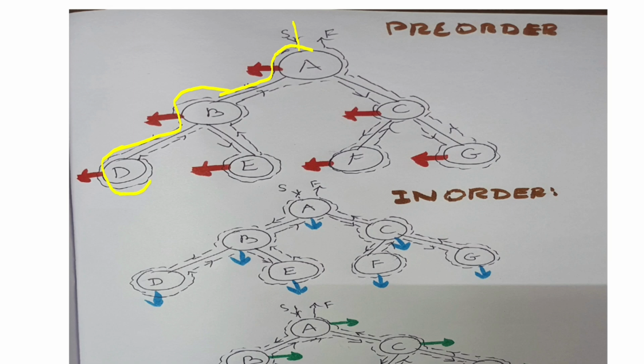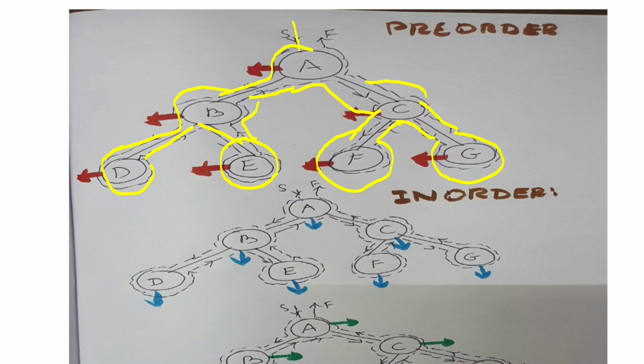After the leftmost, coming to its root, then moving to its right, covering its right, going back to its root, then moving down to its left, covering all the left, going to its root, and the right side of the tree. Then coming back to its root and finishing. This yellow marked path is fixed.